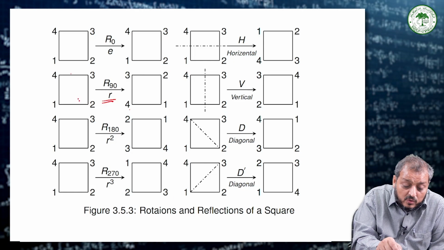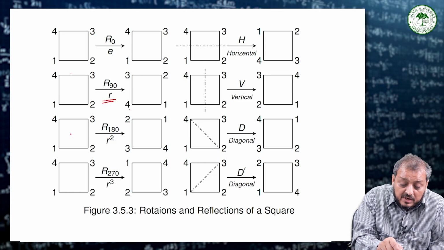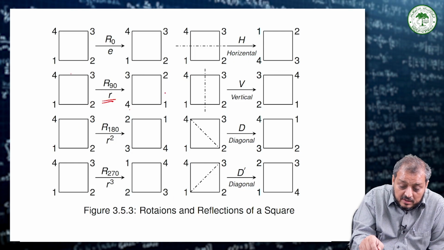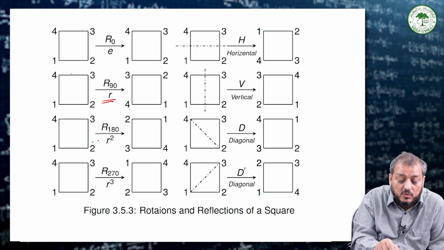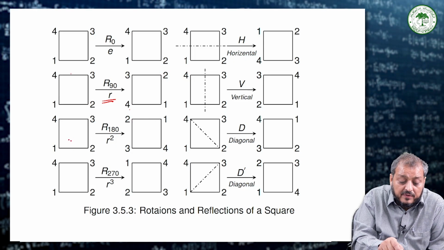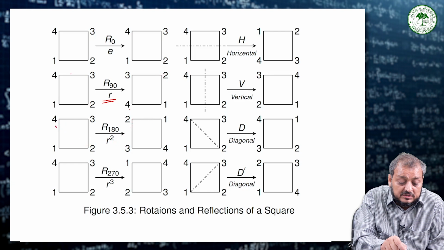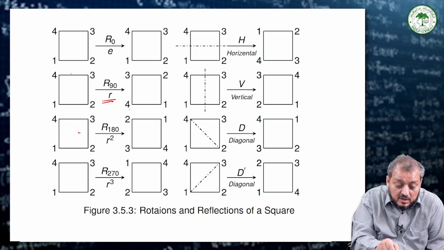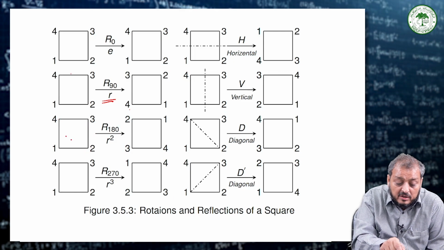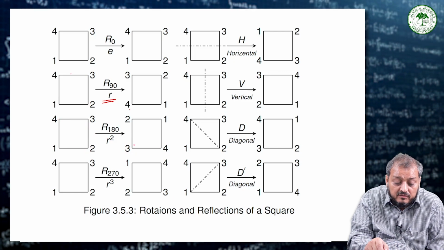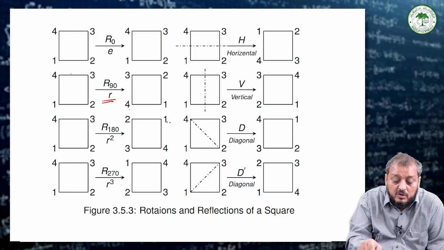Then again we rotate by another 90 degree, so this is the same as a rotation of 180 degree. So this is 4, then 3, then 2 and 1.